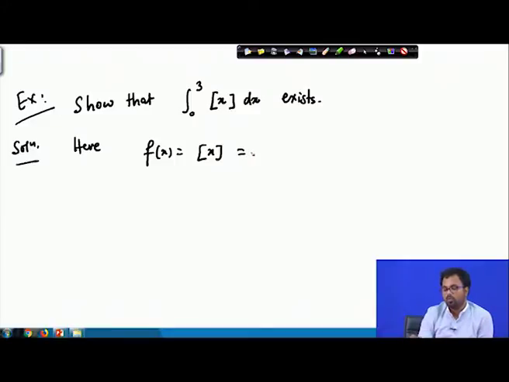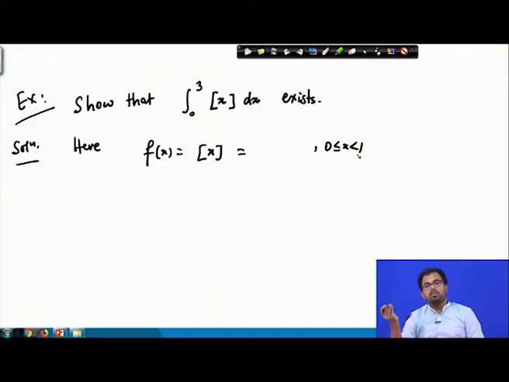So what would be box of x if x is between 0 and 1? The box function is basically the integral part of the number. That means it's sort of like a floor function. So if the value of x is, for example, 1.5, then box of x will be 1. You always take the integral part.